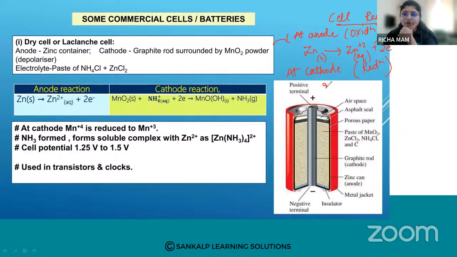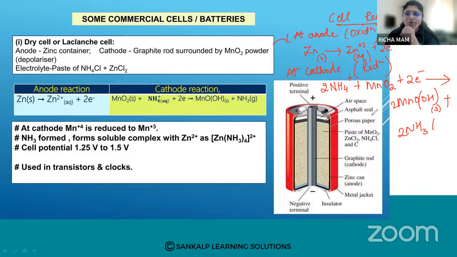So at cathode, you have ammonium ions plus MnO2 plus these two electrons taken from the oxidation, and you get MnOOH, solid, plus NH3.